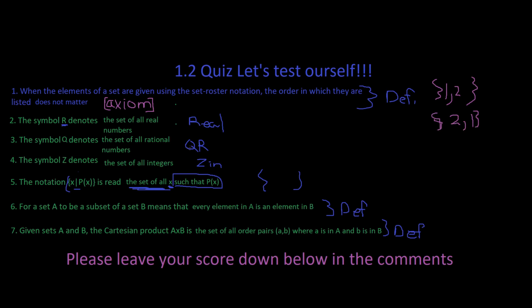Alright, so let's look down here. For set A to be a subset of set B means that every element in A is an element in B. So what's that mean? Let's say we have 1 and 2, and this is 1 and 2. Then this would be a subset of it because it has every element in A and B. So that's all that's saying.